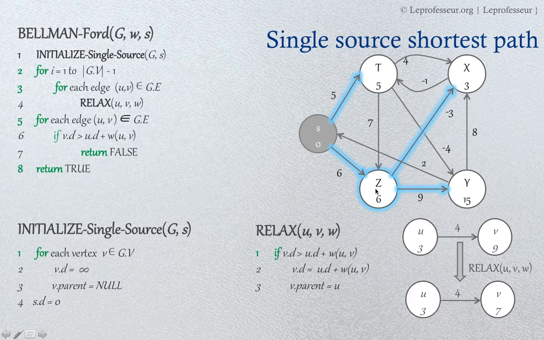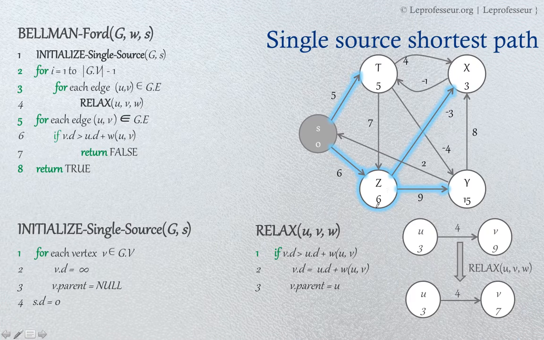Now say for example next we take the vertex z. What are the possible edges from z? One edge is between z and x, another edge is between z and y. So only two edges are going out. Now if we take the edge between z and x, what would be x dot d?